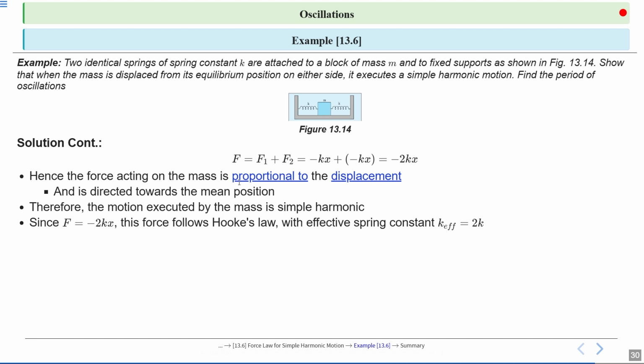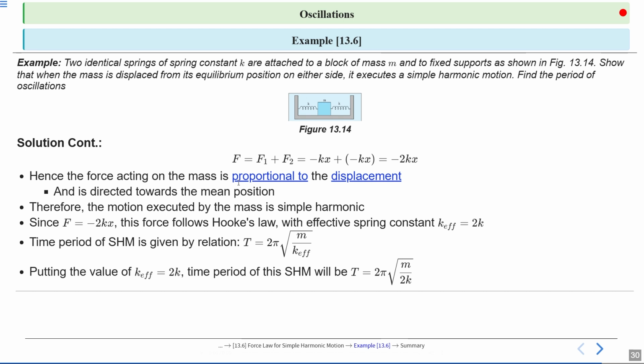Since F is equal to minus 2kx, this force follows Hooke's law with effective spring constant K effective equal to 2k. The time period of SHM is given by the relation T equal to 2 pi under root m by K effective. Putting the value of K effective, the time period of this SHM will be T equal to 2 pi under root m divided by 2k.